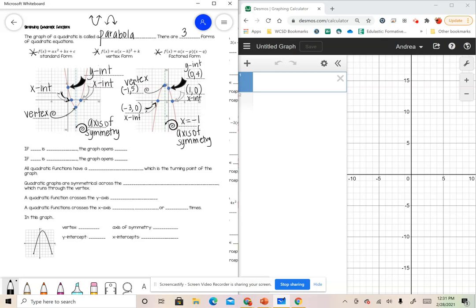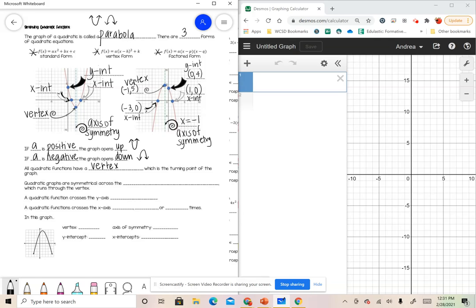Now we're going to take a little bit of notes. If a is positive, then the graph opens up. So it'll look like a U. If a is negative, the graph opens down, which sometimes you might hear me say it looks like an N. Okay, a U or an N. All quadratic functions have a vertex, which is that turning point.